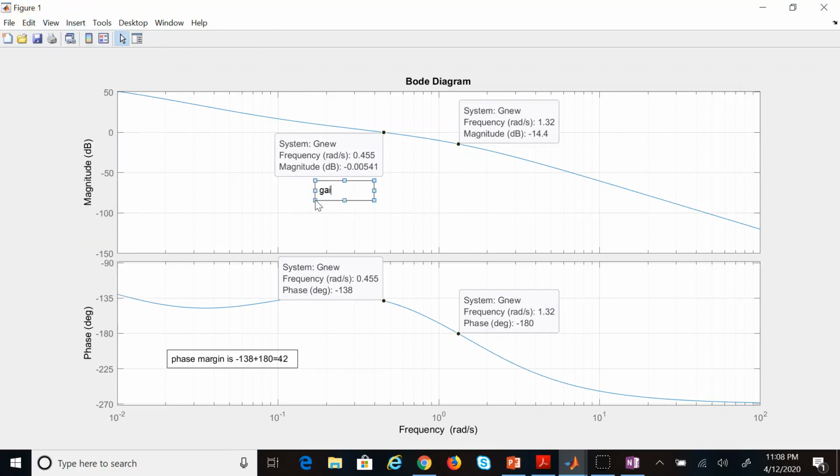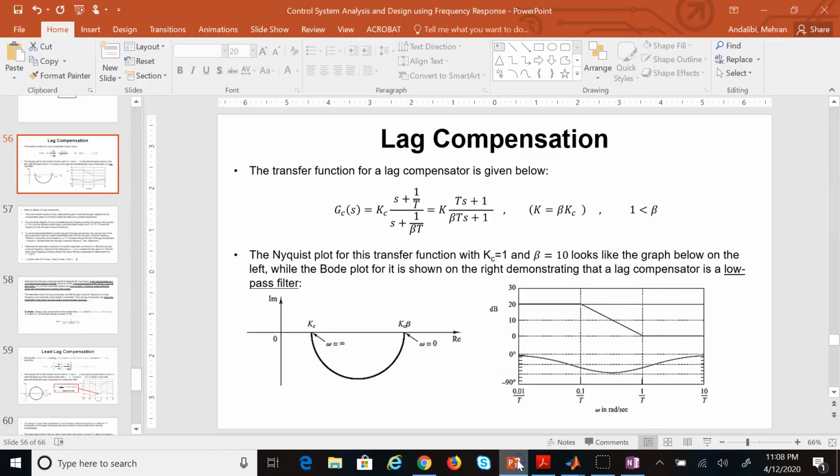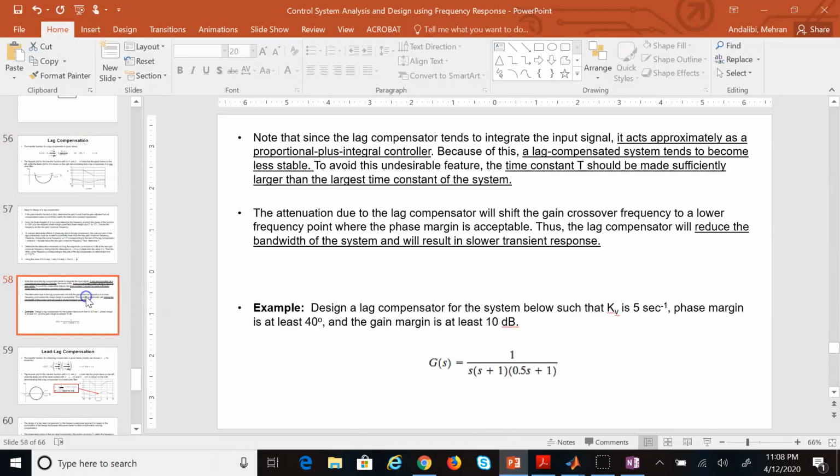So the gain margin is 14.4 decibel, which is more than the original, I assume 12, right? It was 10 decibels. So I got both of them covered. Okay, so this was how we design a lag compensator.